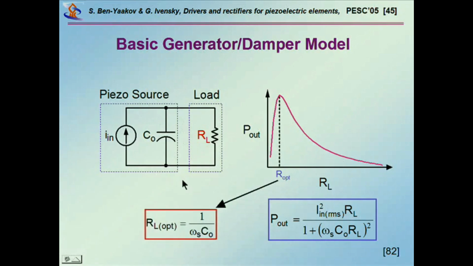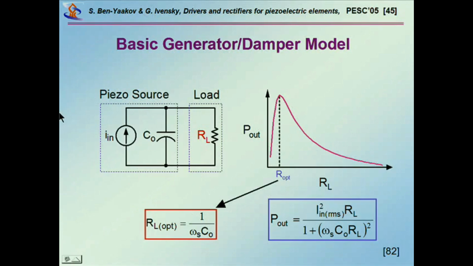Now, as it turns out, this optimum is when the resistance is equal to the impedance of this capacitor. I'll show you later on this resonant rectifier, which is overcoming this problem, and in fact is able to extract or harvest more energy from a generator.